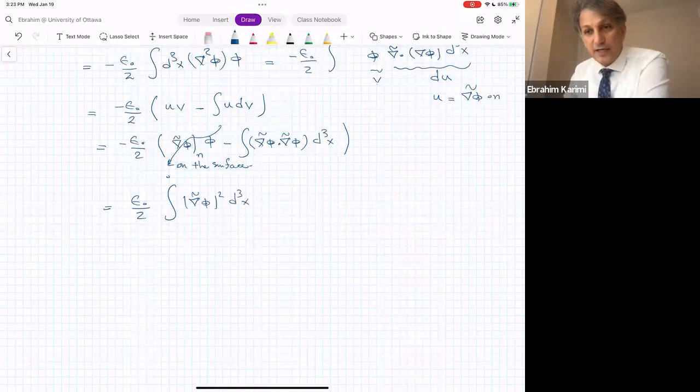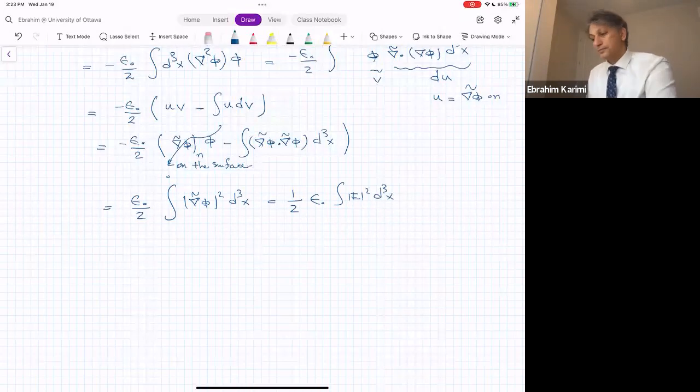What is gradient of phi? It is minus electric field, so E dot E will be E squared, minus times minus, it will be plus. So I will get 1 divided by 2 epsilon 0 integral of E squared d3x. And that's the work or energy that you will get.